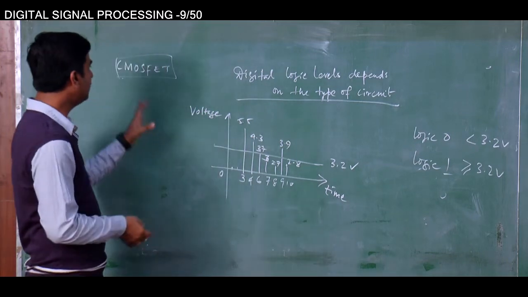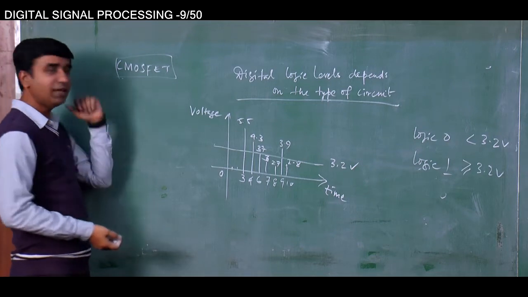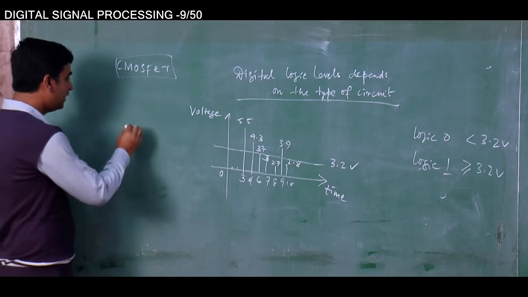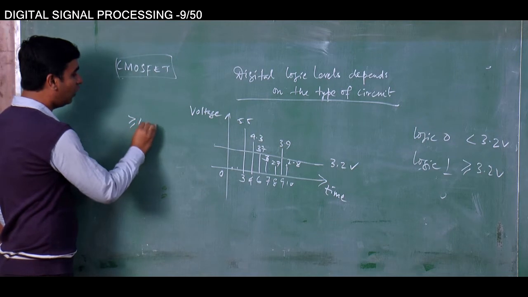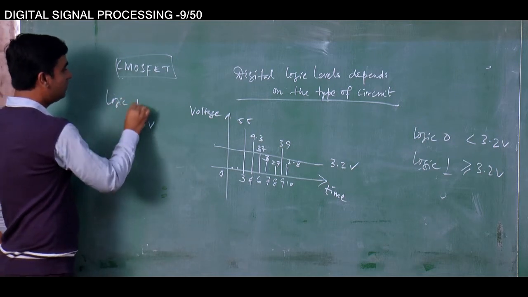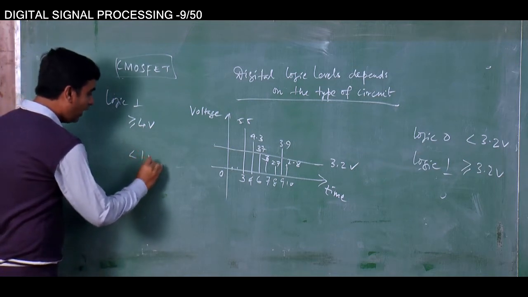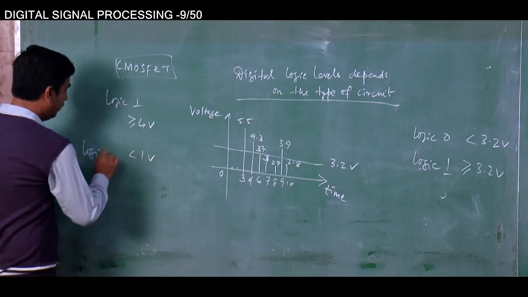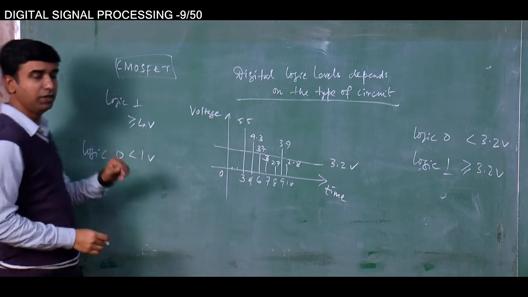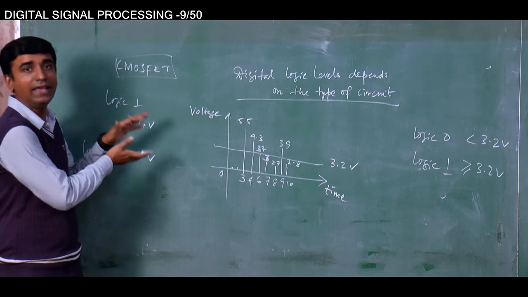If the circuit is made of CMOSFET, the logic level is set like this. Anything greater than or equal to 4 volt is taken as logic 1 and anything less than 1 volt is taken as logic 0, and in between this it is called high Z state or high impedance state.